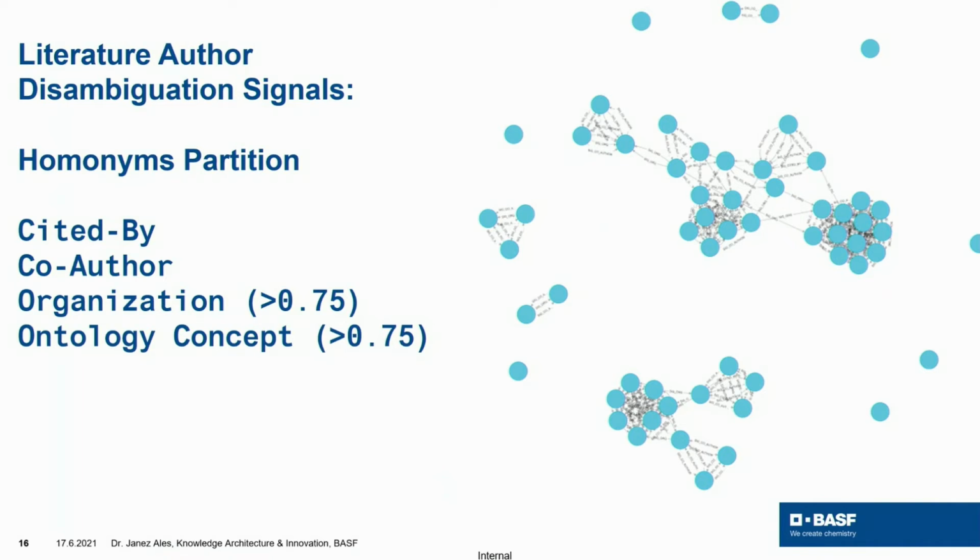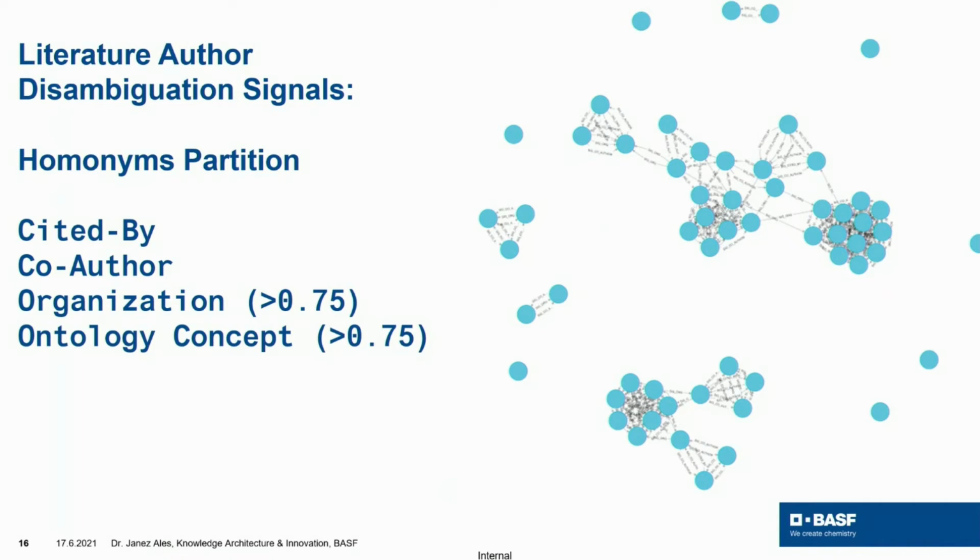Once you have a non-zero signal, you believe it. It's a 1. And then we have an organization signal. That's a continuous signal for every two pairs, so you have to cut it off. And the same with the ontology concept. So here's a partition, and this is a known set. And we know which ones are the same person and which are different persons.